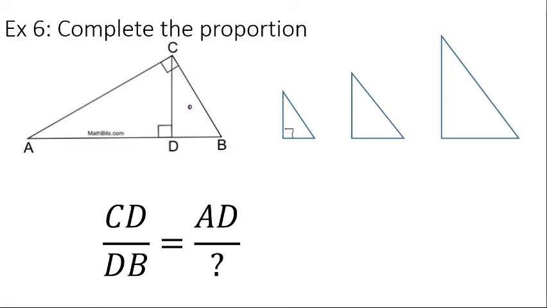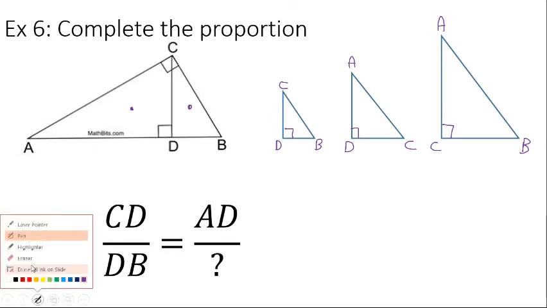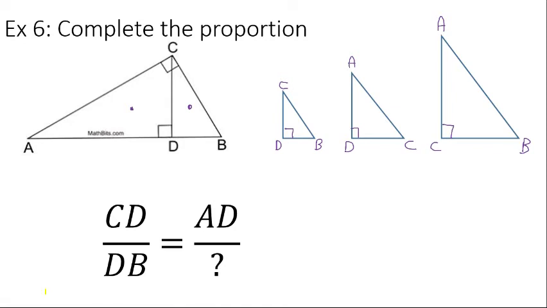So I put my 90, this is D, B, and C. Now I got my medium triangle, D, C, and A. And then my big triangle, 90 degrees at C, B, and then A. All right, so now let's look at the proportion they give us and let's find the missing part.